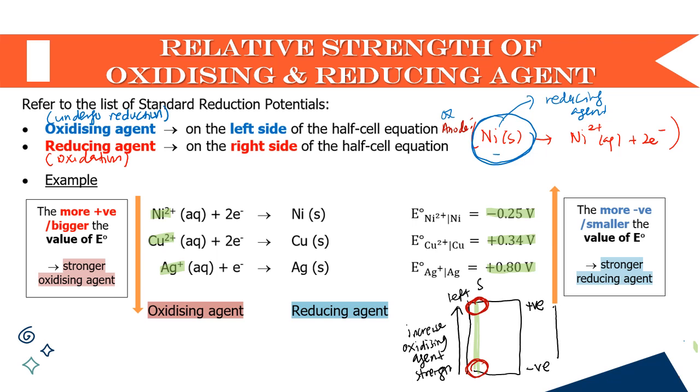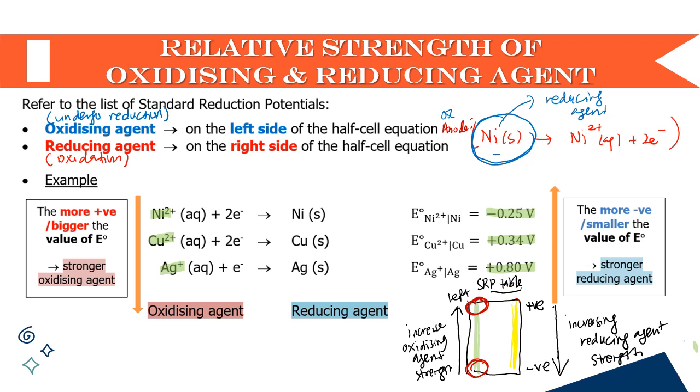This is again your SRP table. Going downwards over here, this is increasing reducing agent strength.